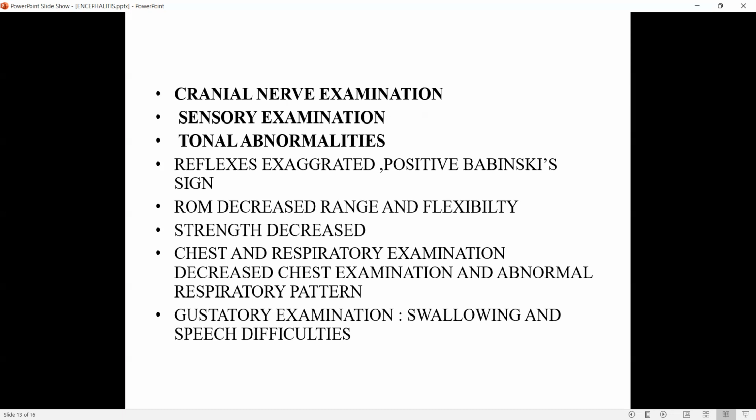The olfactory, the optic, the oculomotor, the trochlear, the trigeminal, the abducens, the facial, the auditory, the glossopharyngeal, the vagus, the accessory, the hypoglossal.